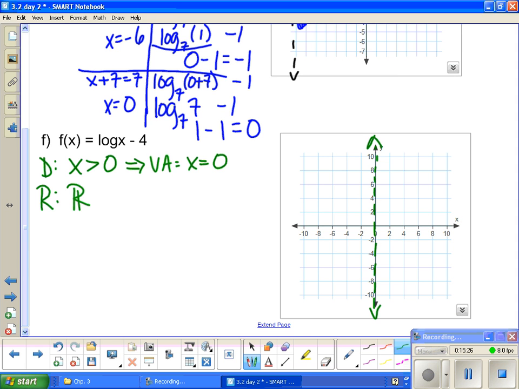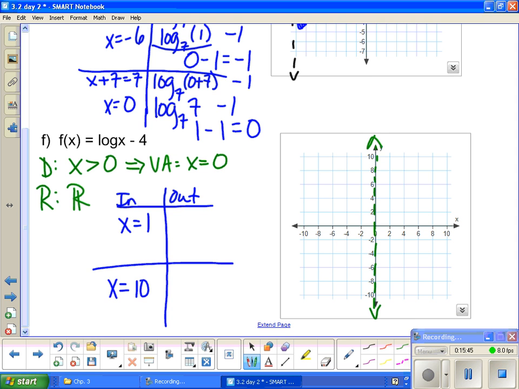That's my vertical asymptote. We go into our inputs and outputs. Okay, so my input, I want x to equal 1. And I want x to equal my base. The base is implied, so x is going to equal 10, the implied base.